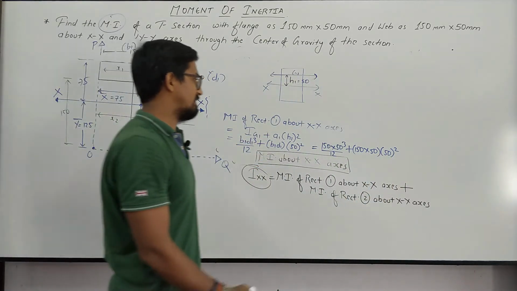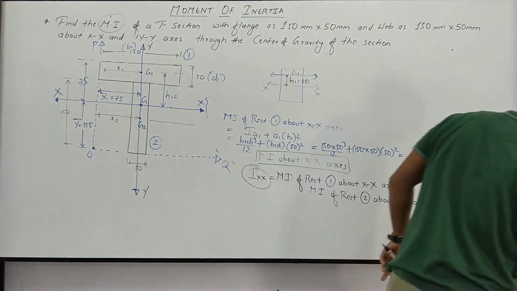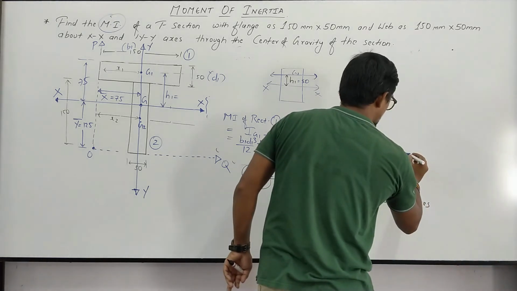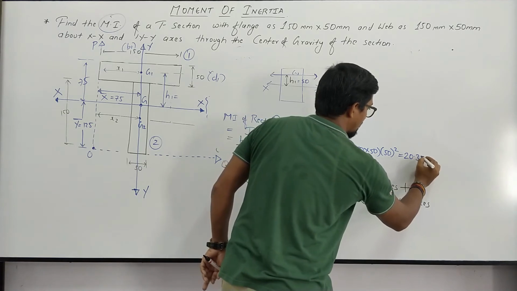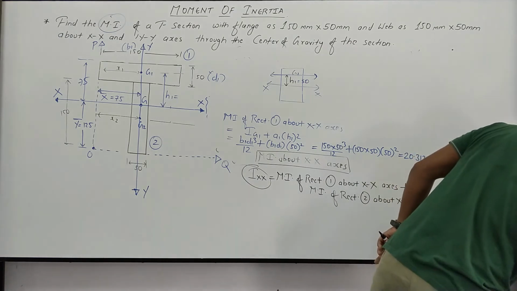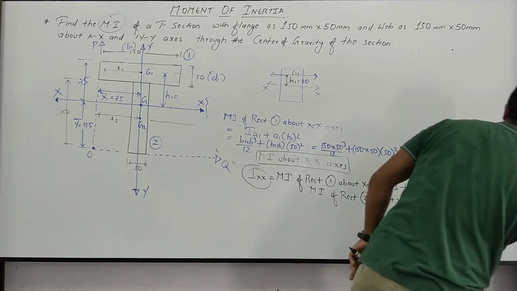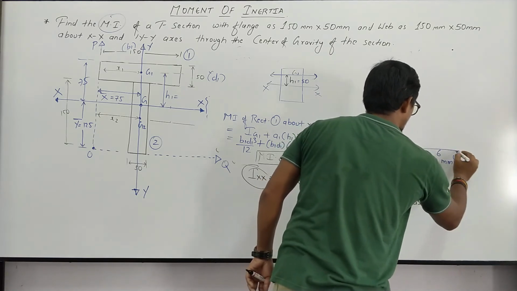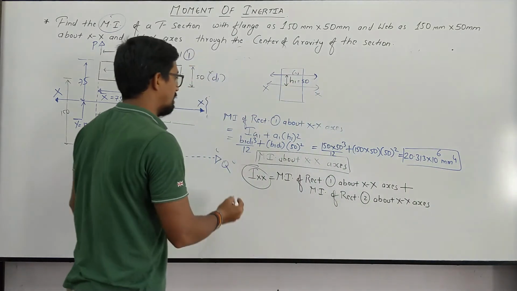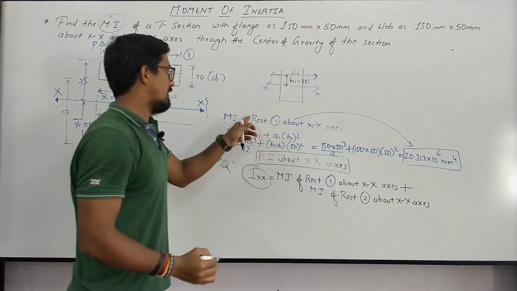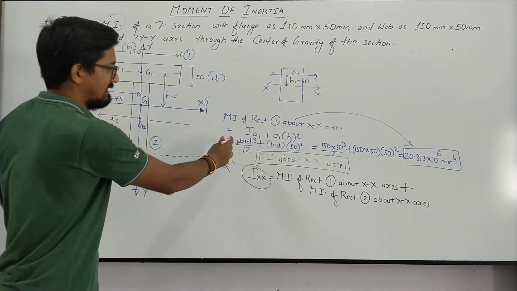So the value of this is coming out to be 20.313 into 10 raised to 6, since all the dimensions are in mm. So we got our moment of inertia of rectangle 1 about x-axis, correct?